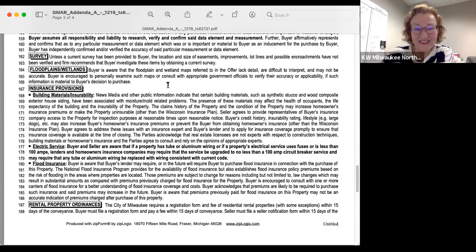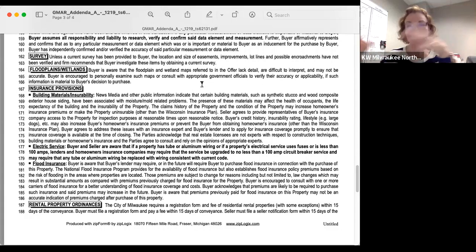Buyer is aware that the floodplain and wetland maps referred to in the offer lack detail, are difficult to interpret, and may not be accurate. Buyer, again, is encouraged to personally examine such maps or consult with appropriate government officials to verify their accuracy and applicability.